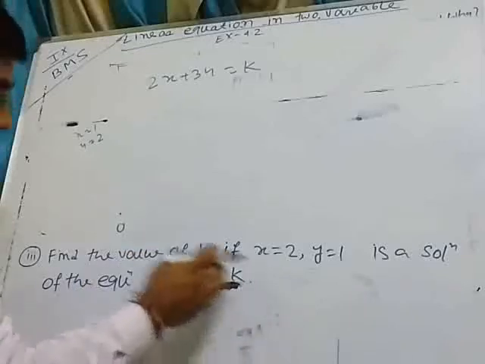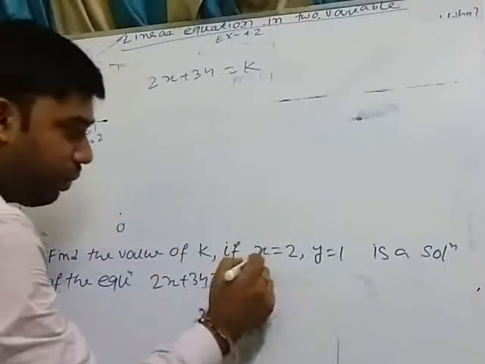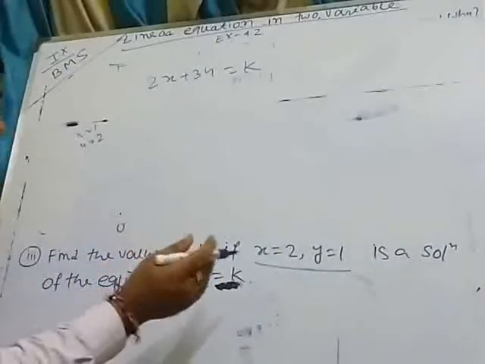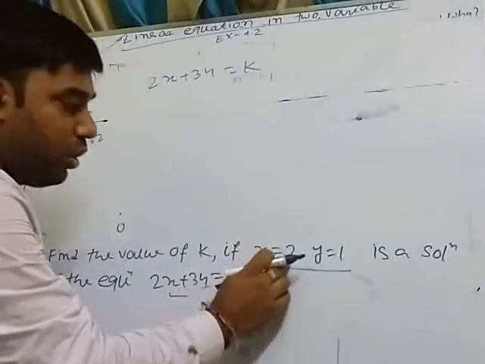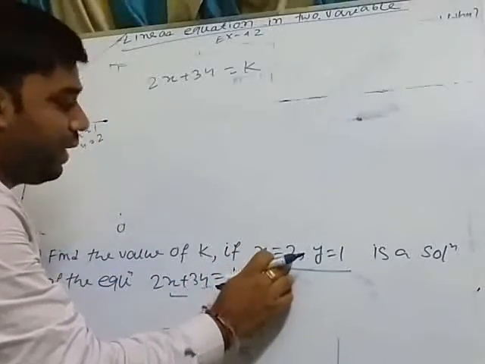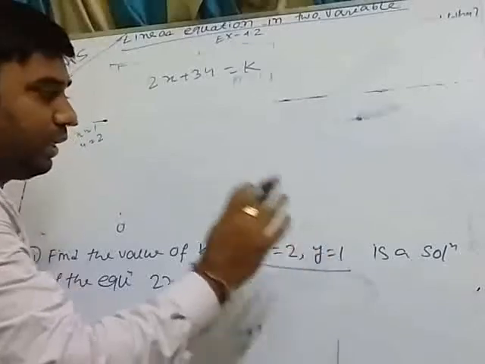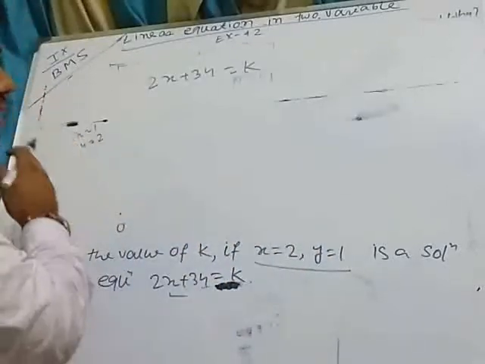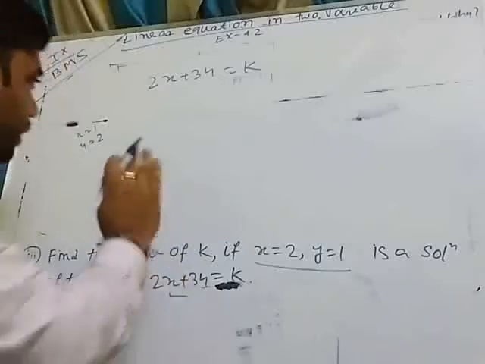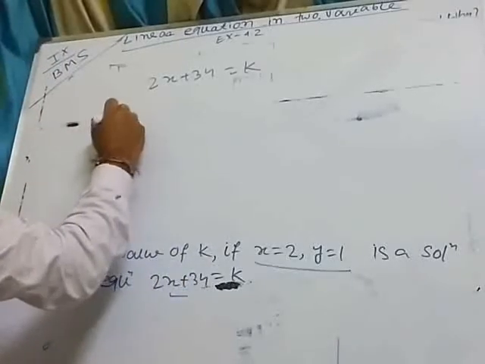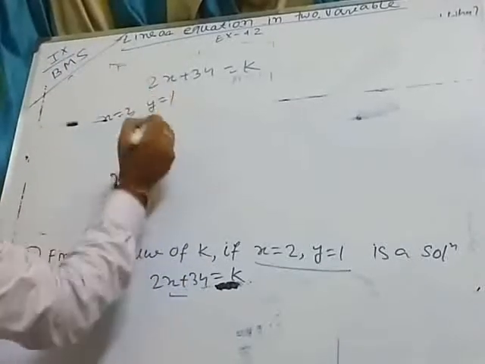As it is given that x equal to 2, y equal to 1 is a solution of this equation, it means if I put 2 in place of x and 1 in place of y, the value of the left hand side should be equal to the right hand side. So I am putting x equal to 2 and y equal to 1 in the left hand side.